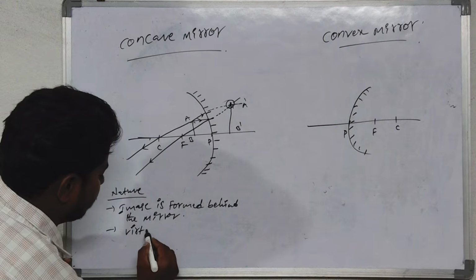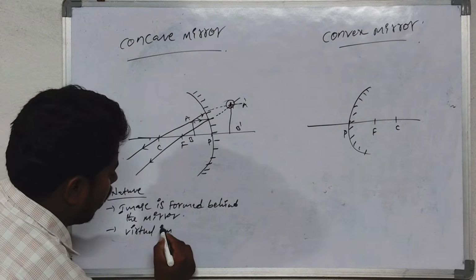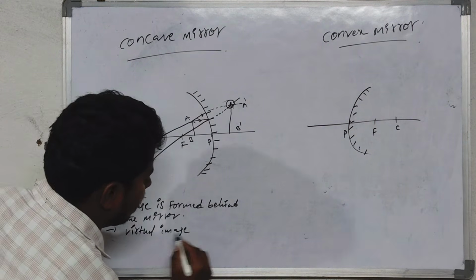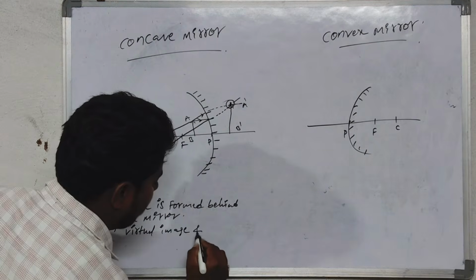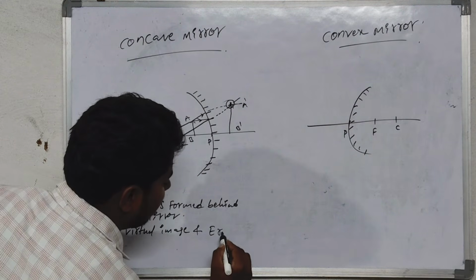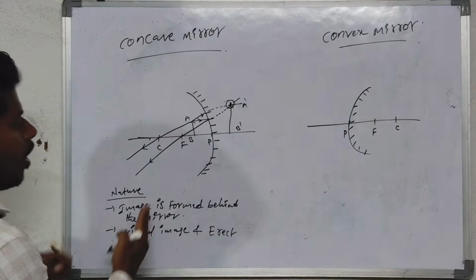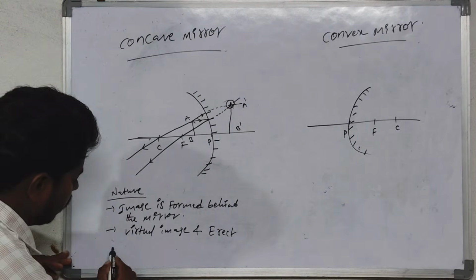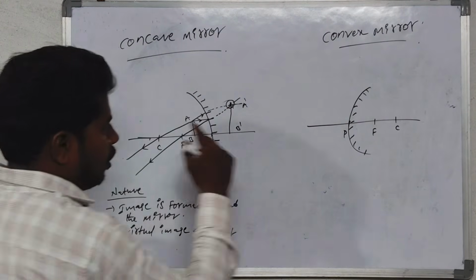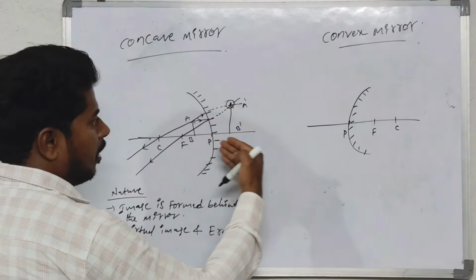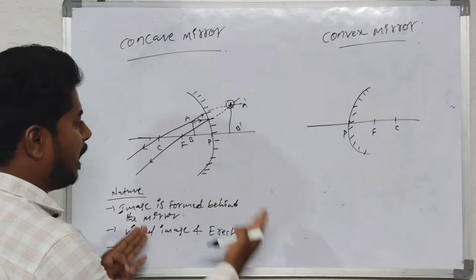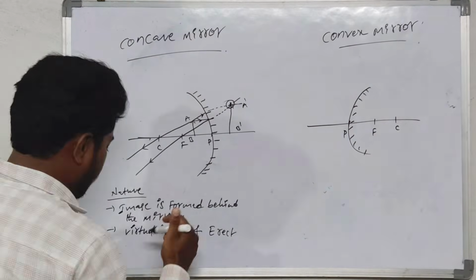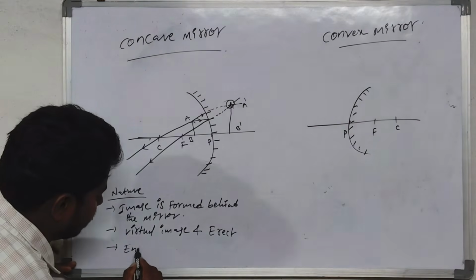Virtual image. All virtual images are erect. Virtual image and image is erect. So upright. So you can observe your image is enlarged when compared to the object size. Enlarged image.